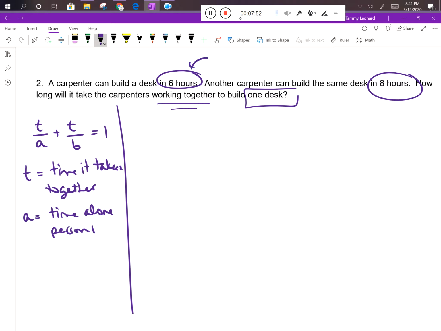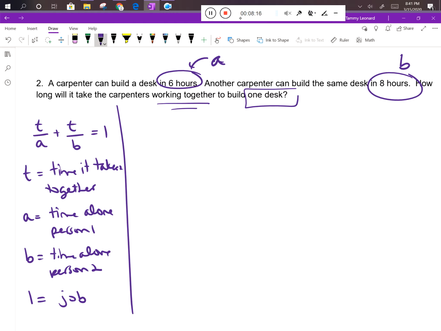So in this case, A is 6 hours. B is going to be the time alone for person 2. So in this case, B is going to be 8 hours. And then 1 represents one job, the one desk that they are building, the task that is to be accomplished.